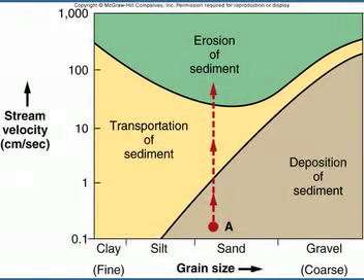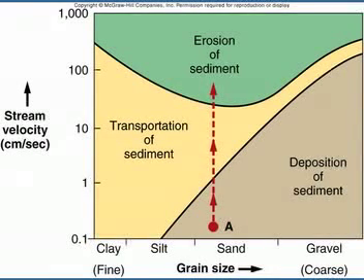But now let's say I have the sand grains eroded and I drop down to 10 centimeters per second. I will no longer be eroding sand out of a sandstone, but the sand that's already eroded can be transported. Now, if my velocity drops below 1 centimeter per second, I am going to start depositing the sand. I can't even carry the sand grains that I have had.